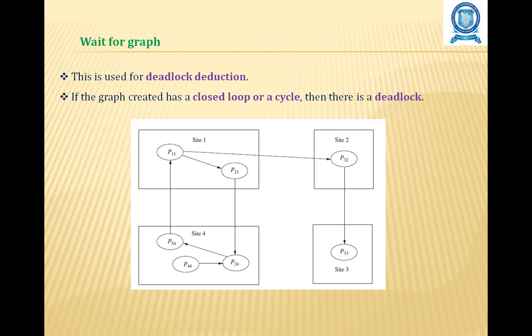In distributed systems, the state of the system can be modeled by a directed graph, which is called the wait for graph. In the wait for graph, nodes are processors and there is a directed edge from one node to another node. A system is deadlocked if and only if there exists a directed cycle in the wait for graph.